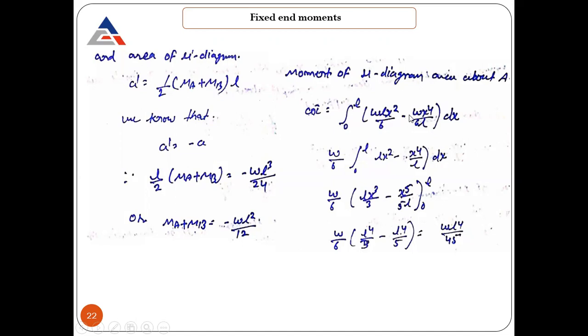So WLx square minus, here the value is Wx cube by 6L was there, and multiplied by x, that will be Wx 4 by 6L, dx. So W by 6, L 0 to L, Lx square, take the common out. So WL square minus x 4 by L dx. Integrate it, Lx cube by 3 minus x5 by 5L, 0 to L. Simplify it, you will get the value here.